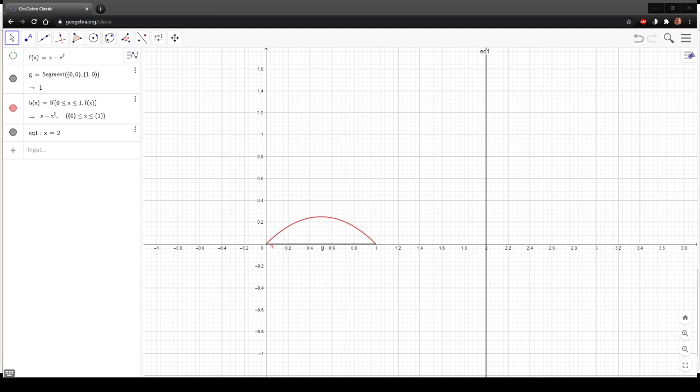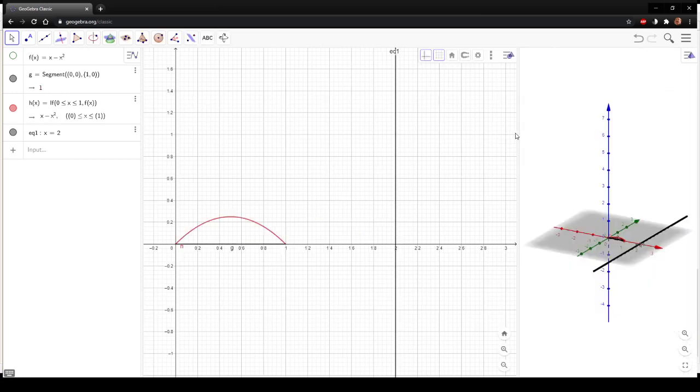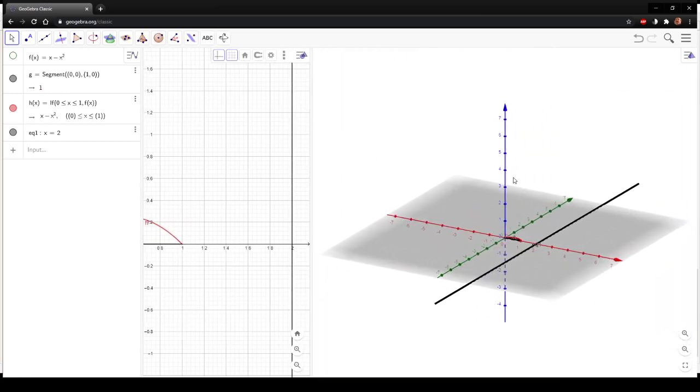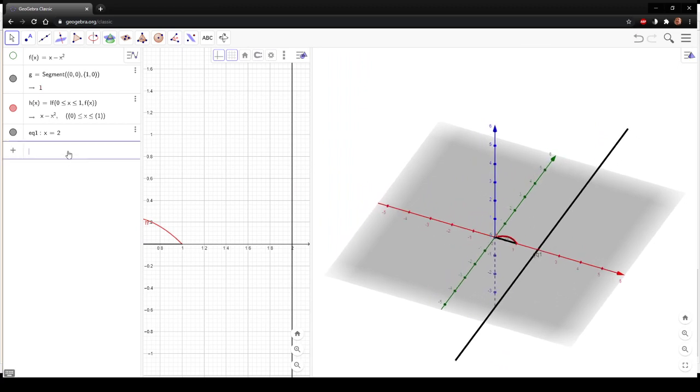In any case, we've done enough working with GeoGebra by now that this part should be rote. So let's rotate. So put in our slider, 0 to 2 pi.